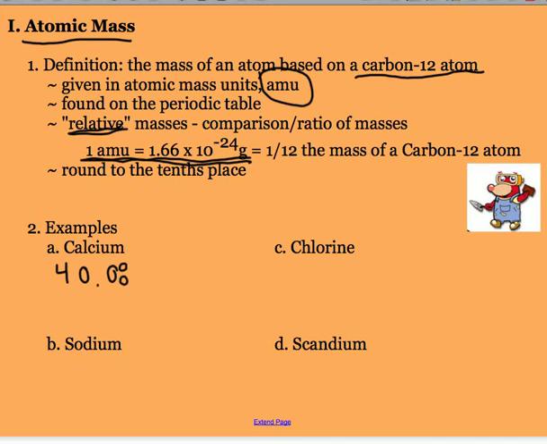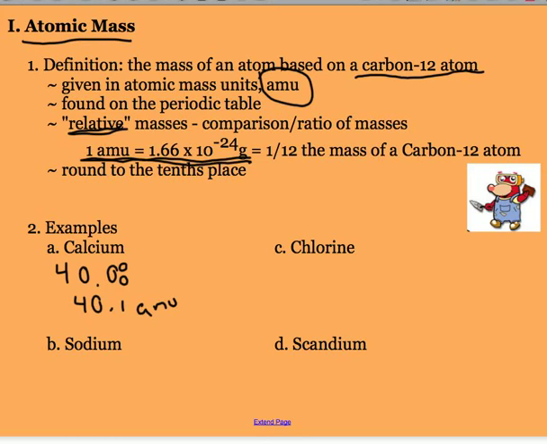But say you had a different periodic table than someone else, it could be slightly different. So for that one you round it to the tenths place, so your answer for atomic mass would be 40.1 AMU. And it's that simple. Look on the periodic table, find the element, find the given average mass that they give you, and then round it.